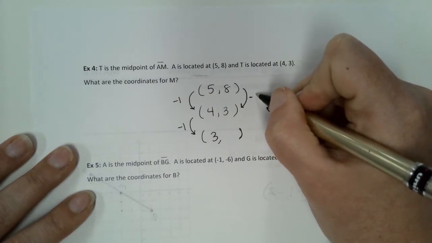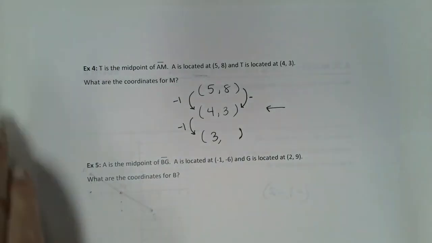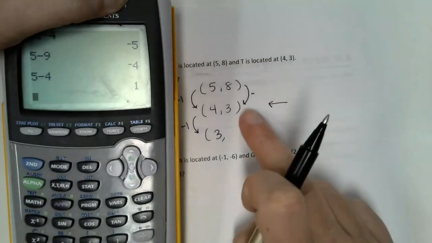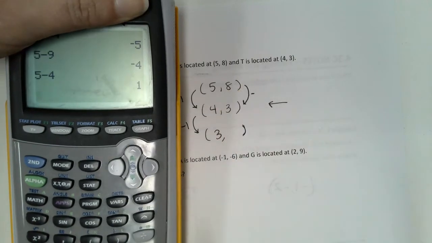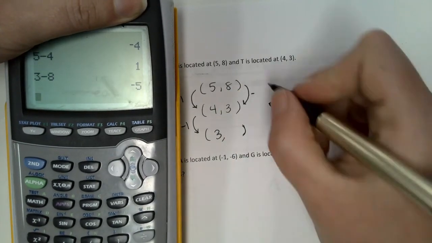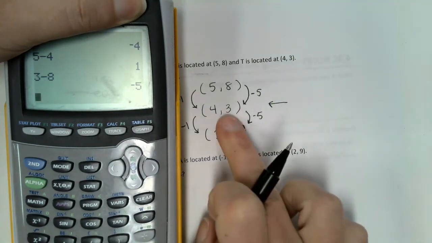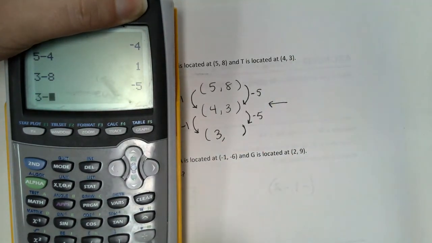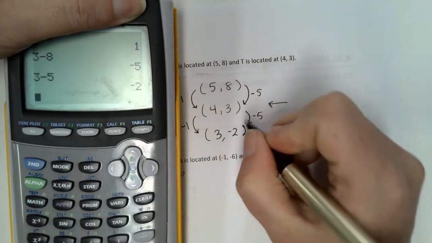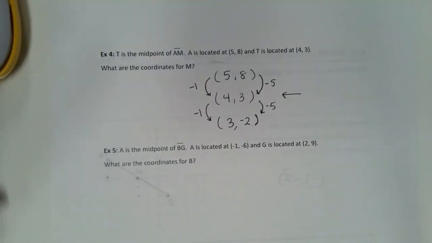No. Okay, if we're stuck, they subtracted 5. If we're stuck, type this minus that in the calculator. That's your best friend. Minus 5 is what they did. So we're going to subtract 5 more. 3 minus 5 gives us negative 2. That time it didn't happen where they were switched. It doesn't usually happen. Sometimes it does.